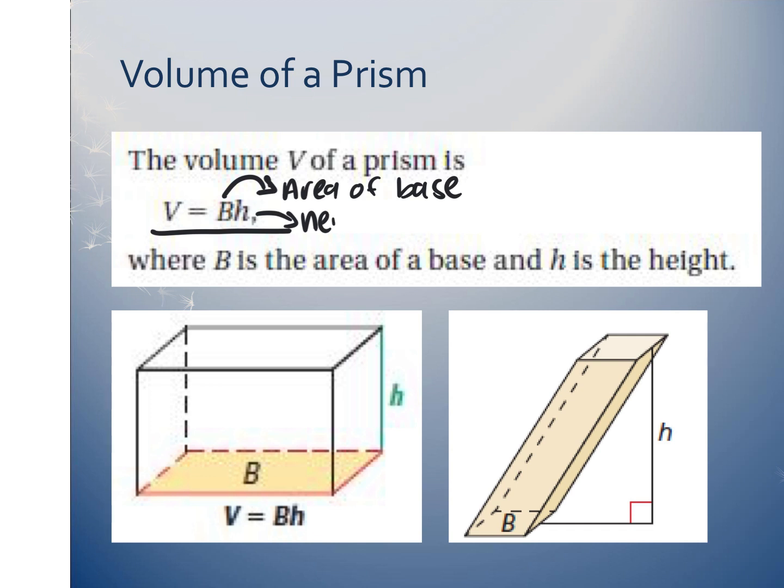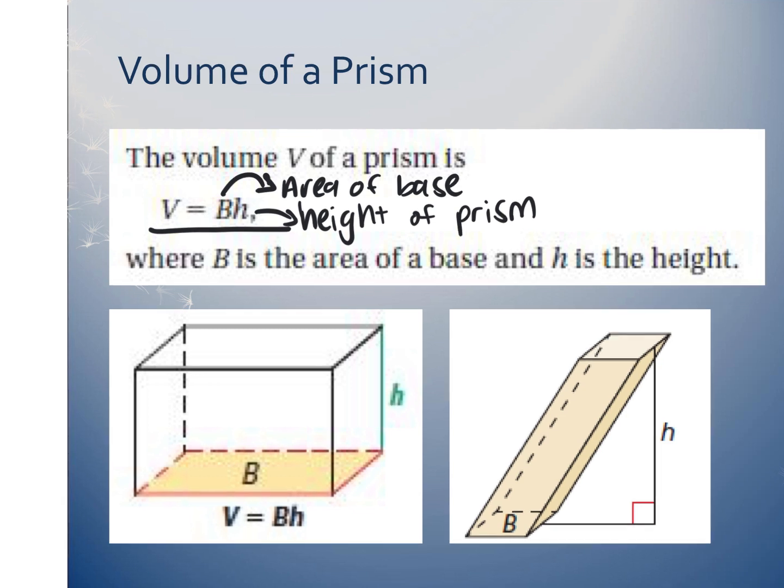The height of what? Not of the base. Of the prism, okay? So the height of the prism is not going to be a value that's part of your base, okay?